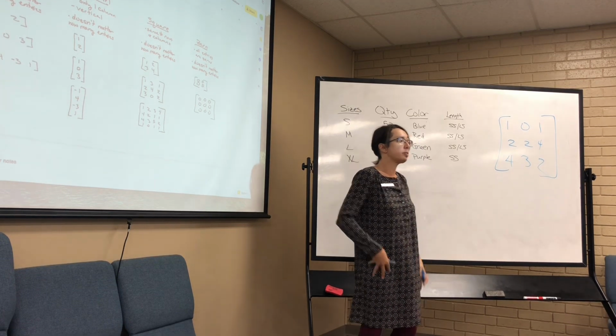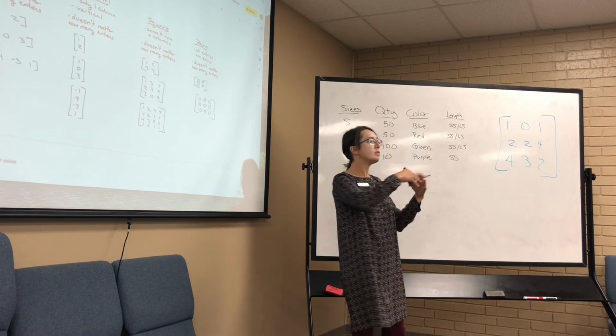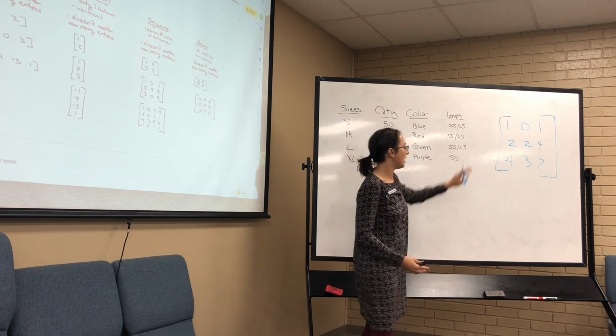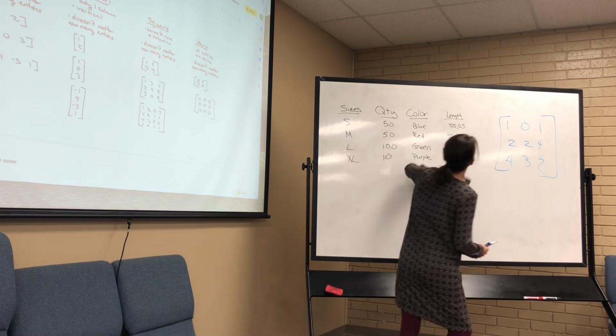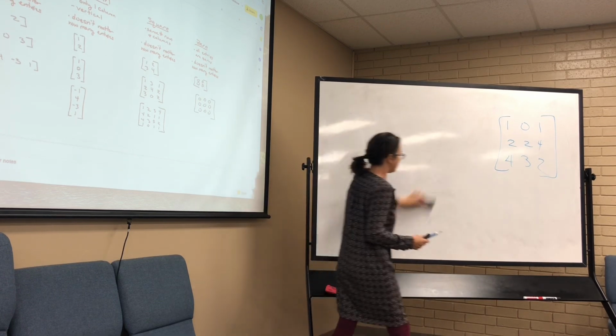Maybe they decided to put the logo on some shorts and they have that as an option also. So when you get multiple information, we start organizing in a matrix, right? That is the purpose of organizing a matrix.